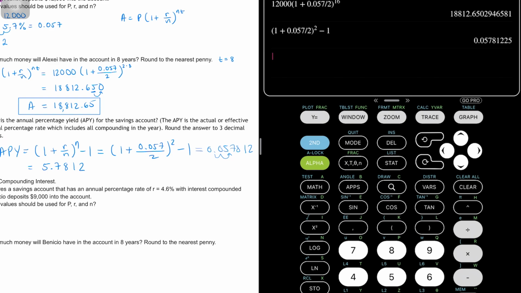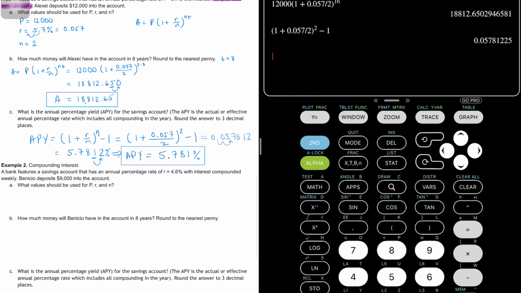So in other words, APY is going to equal 5.781, right? Because I'm going to round this number and test the 2. The 2 is less than 5, so that means my number stays the same. So my APY is 5.781%, right? Remember that this value is a percentage value.